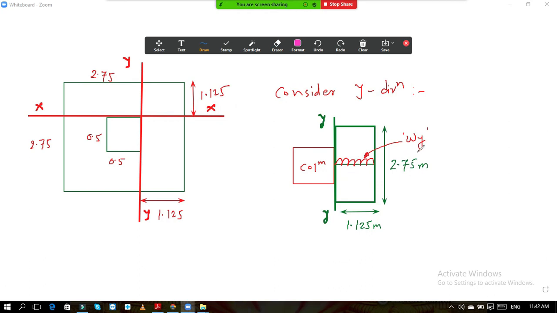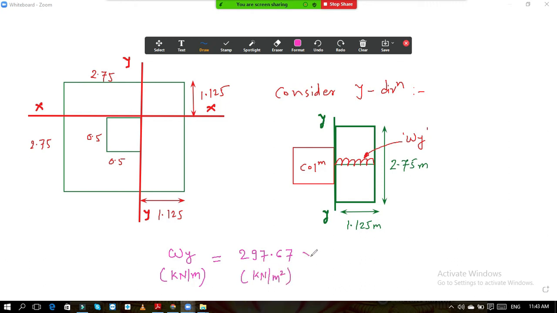That is why I have used the notation WY. So I can write here WY. This WY, in kilonewton per meter, is equal to our stress intensity, 297.67, which is in kilonewton per meter square.